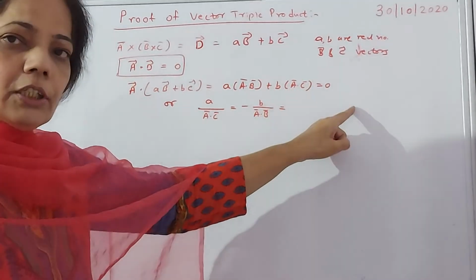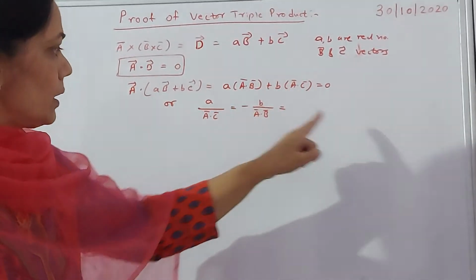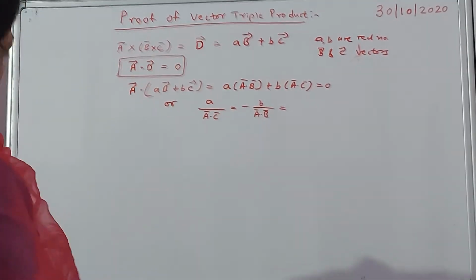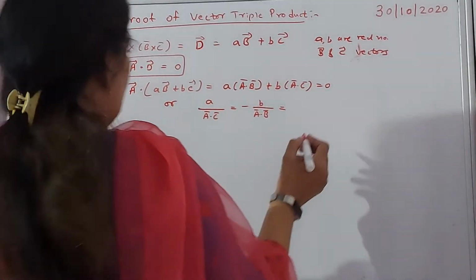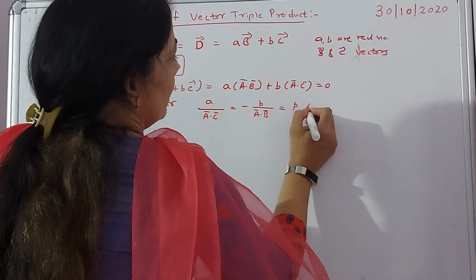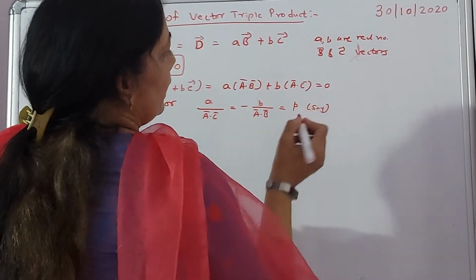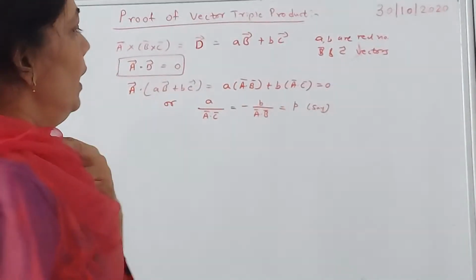Take this term on the LHS, this on the RHS. So what do we get? a upon A dot C, suppose this is equal to P, say equal to P, correct?